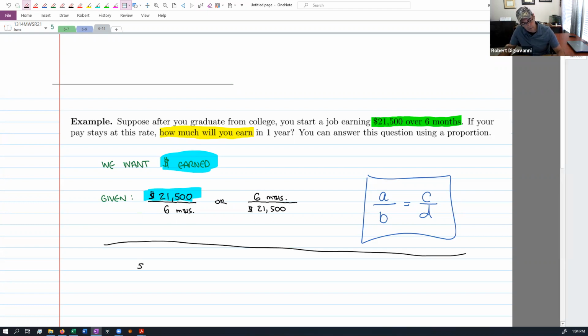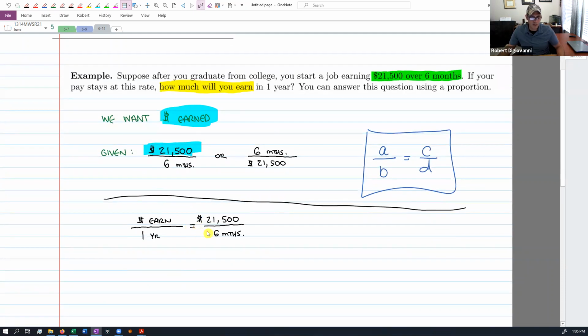The money we're going to earn over the time that we're going to be earning this money, 1 year, is equal to this proportion, 21,500 over 6 months.